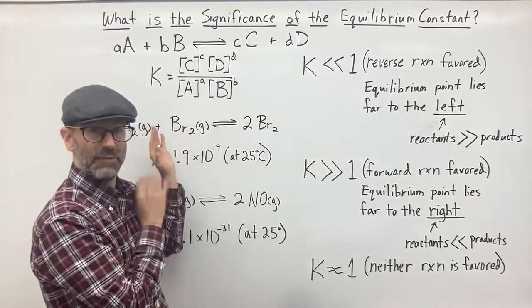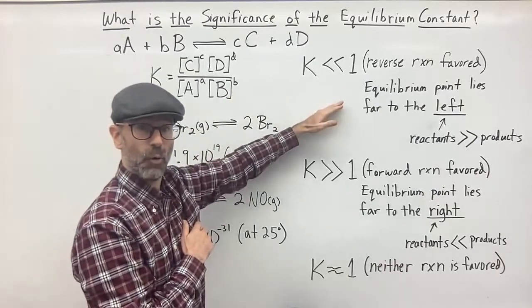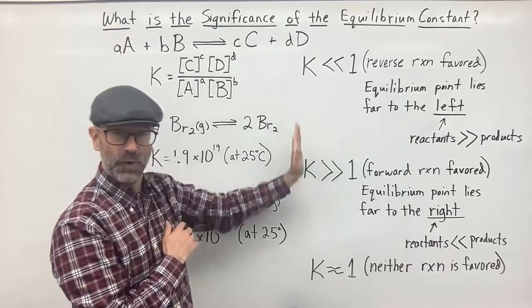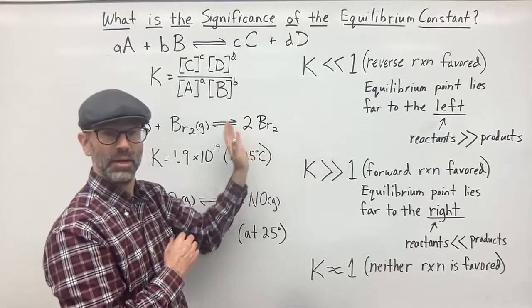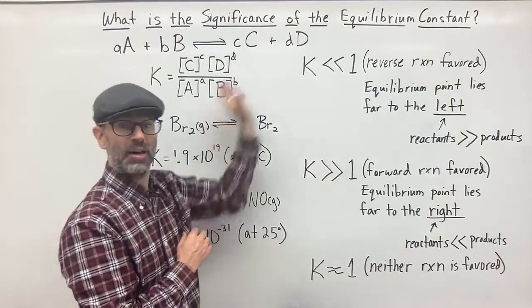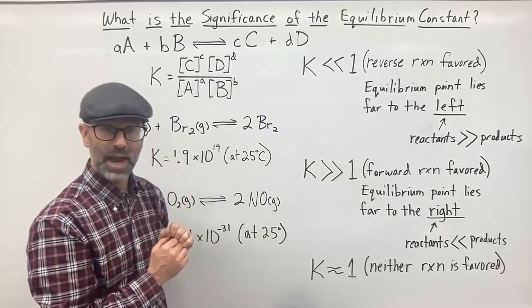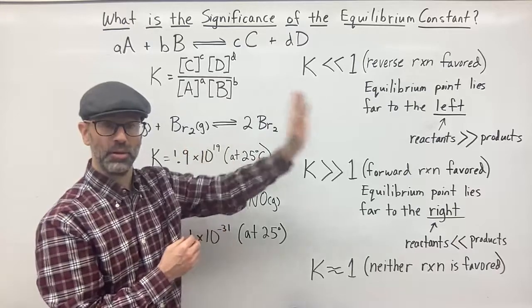So for this reaction, the equilibrium is favoring the forward reaction. When you finally reach equilibrium, you're going to have a lot of product formed and a little bit of reactant left over. It's still going to be there, but it's going to be a small amount compared to the product.